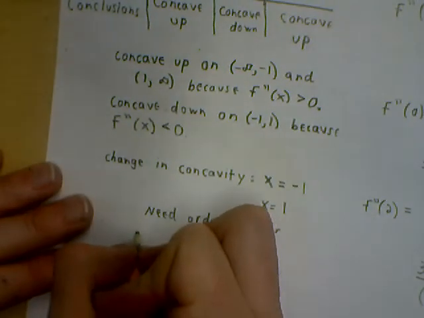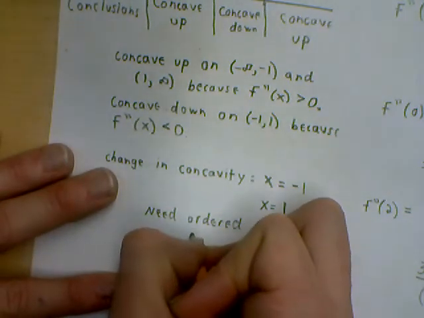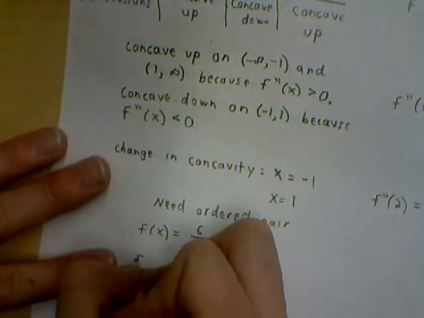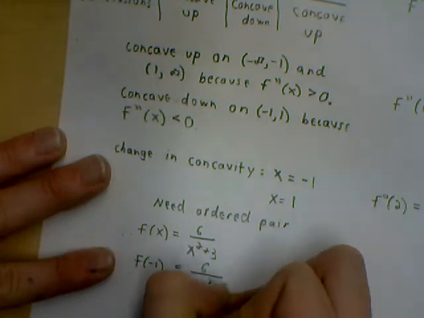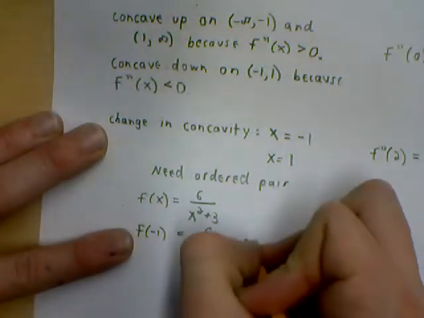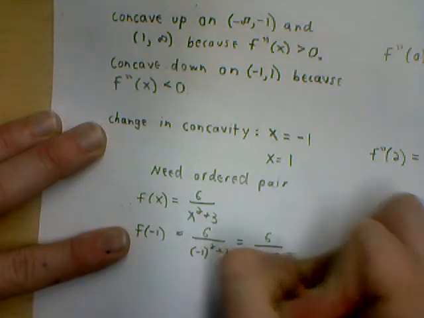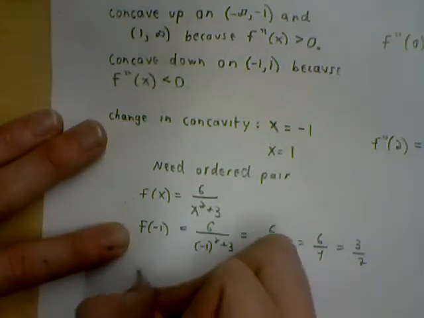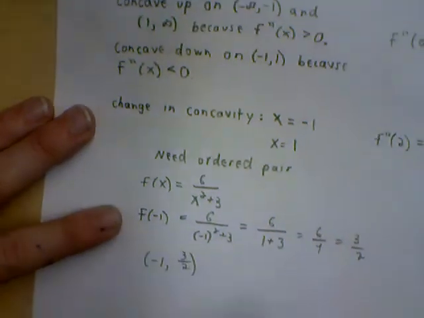So my original function was f of x equals 6 over x squared plus 3. So let's find f of negative 1. All right, that's going to give us 6 over 1 plus 3, which is 6 over 4. That gives us 3/2. So our first point of inflection is negative 1, 3/2.